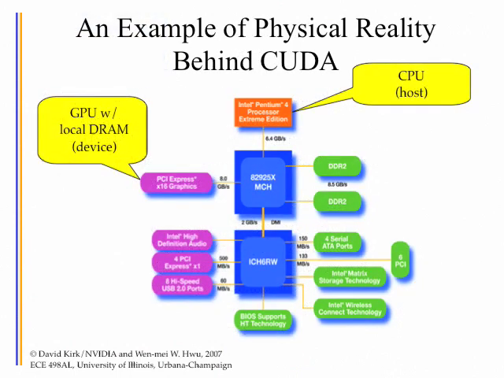So before we go into the abstract programming model, for those of you who would like to see some of these things in more concrete form, this is an example of the physical reality behind CUDA. This is one of the recent Intel PC architectures, and let me just quickly go over it.